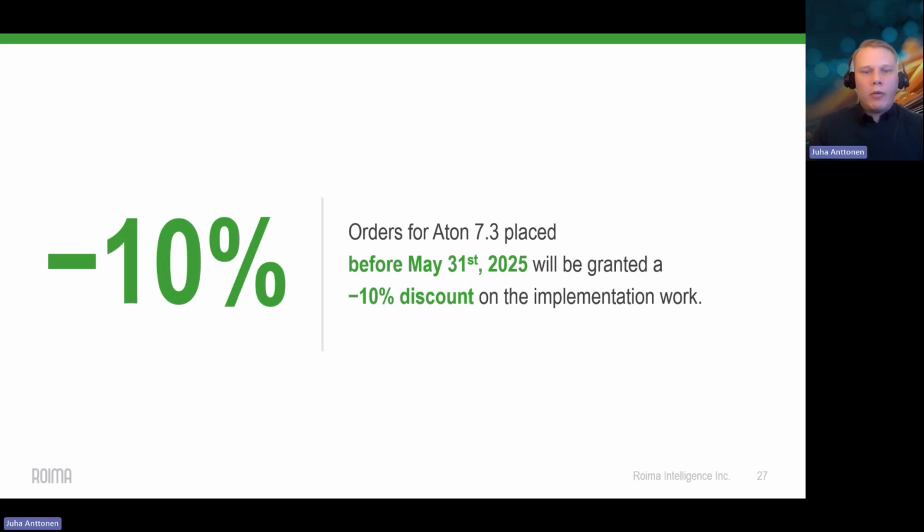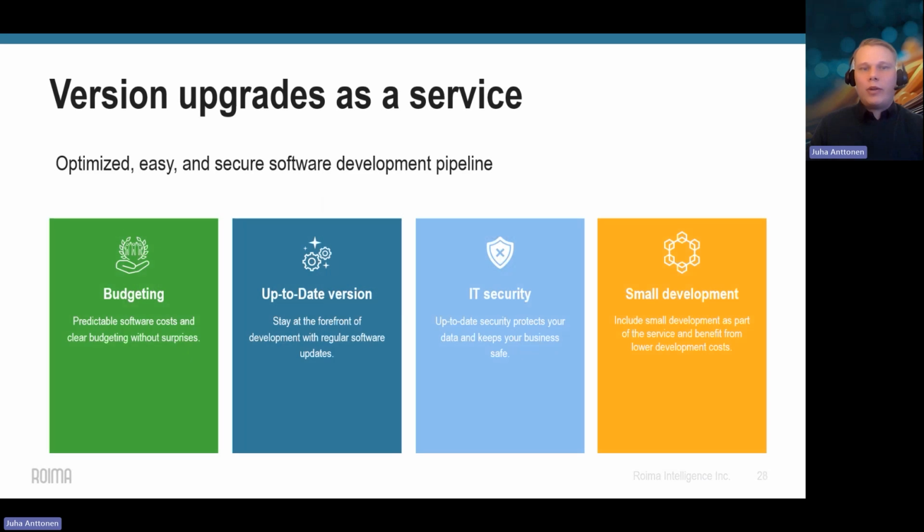And we have also one thing to promote for our on-premise customers. We have also made version upgrade as a service available for our on-premise customers. This means that you would pay a monthly fee, which would then give you regular version upgrades for your Aton. And this really makes life easier, because then the budgeting is much easier.